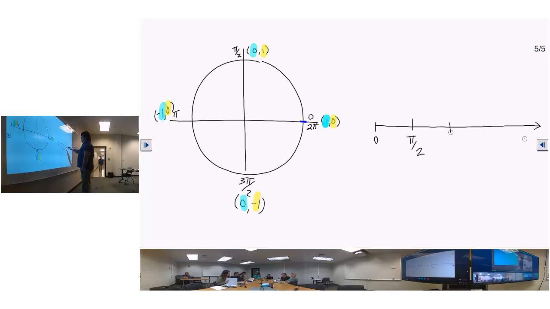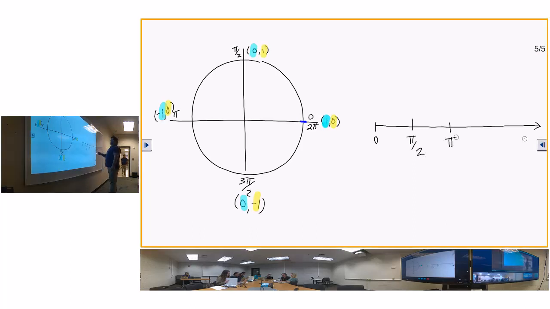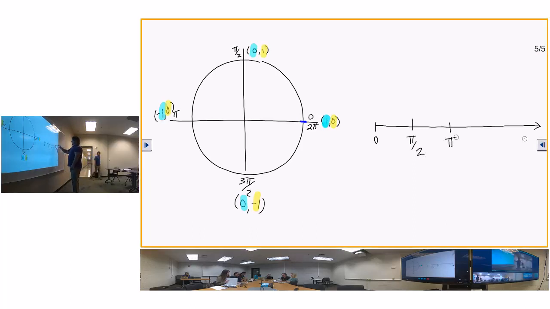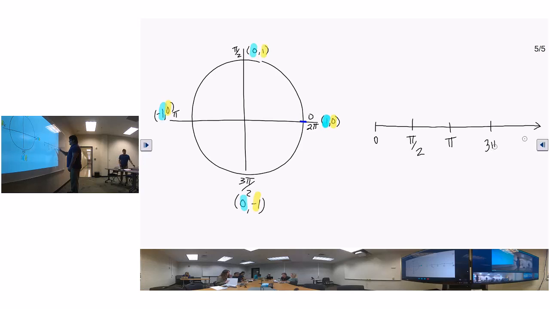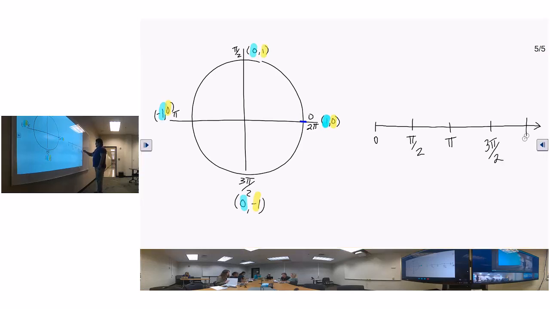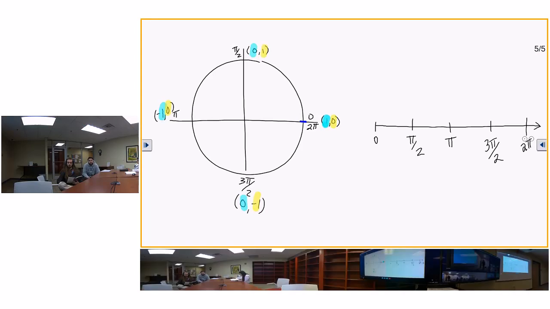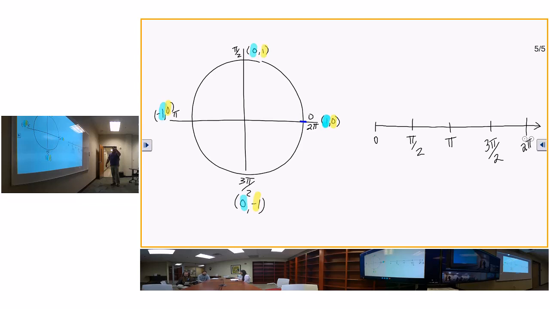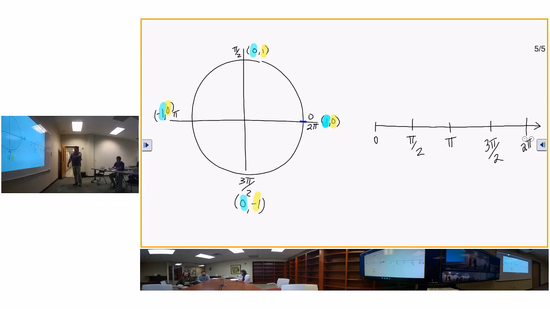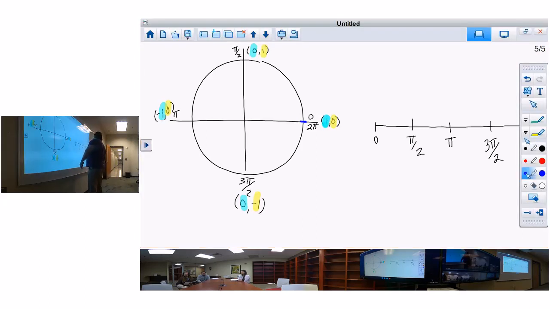Then what? Pi, and then what? 3 pi over 2, and then what? 2 pi. Now, if I add a y-axis to that at 0, then I go the opposite direction. I'm going to add a y-axis to that.